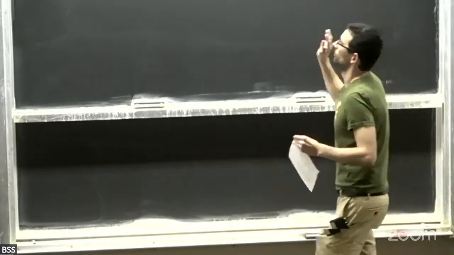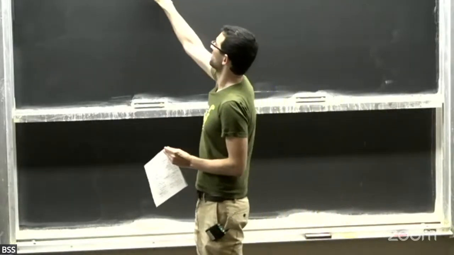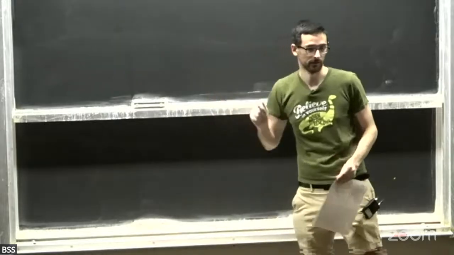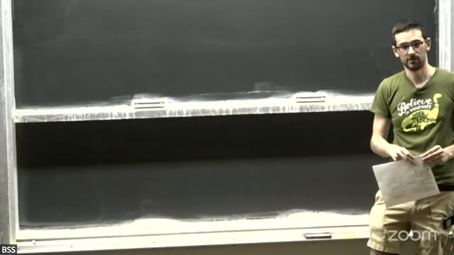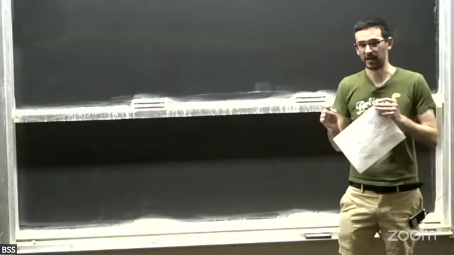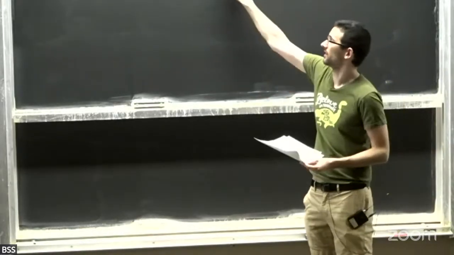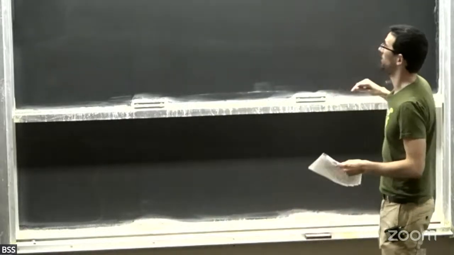Okay, so let me make two remarks. The first is that one can actually prove that this is impossible at high temperature and under somewhat mild assumptions. So in this respect, it's a useful diagnostic because we'll be able to explain why in a broad class of models this can't happen.